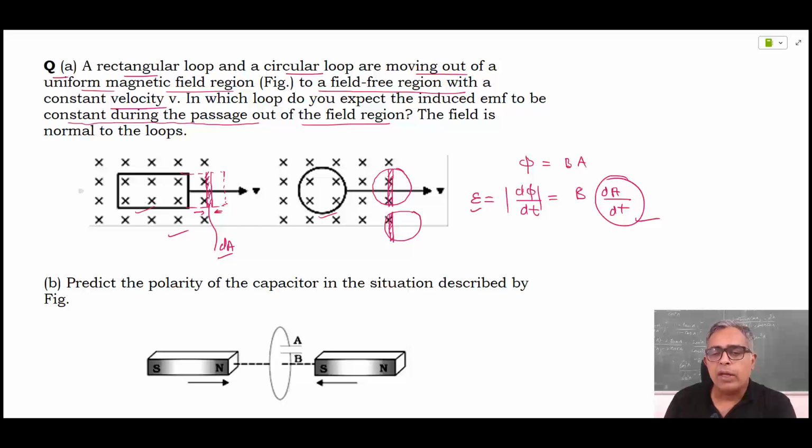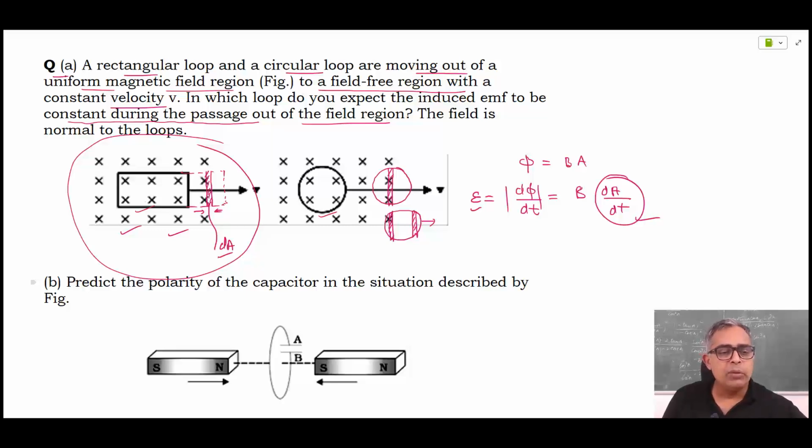As you pull this loop outside the magnetic field, the area coming out per second is not constant, it is variable. Only for this rectangular loop that is being pulled with a constant velocity, the area that is coming out per second is constant, but in the case of the circular loop it is not constant. So only for this rectangular loop the induced EMF will be constant, right?